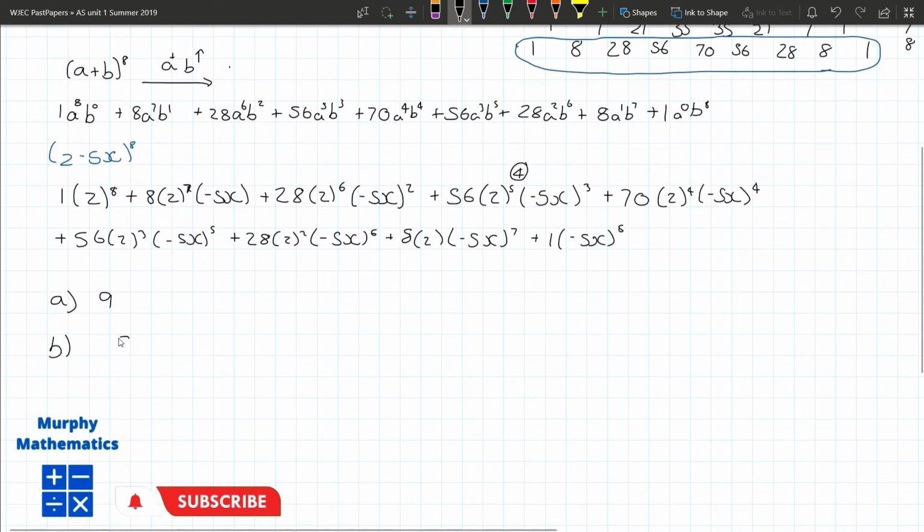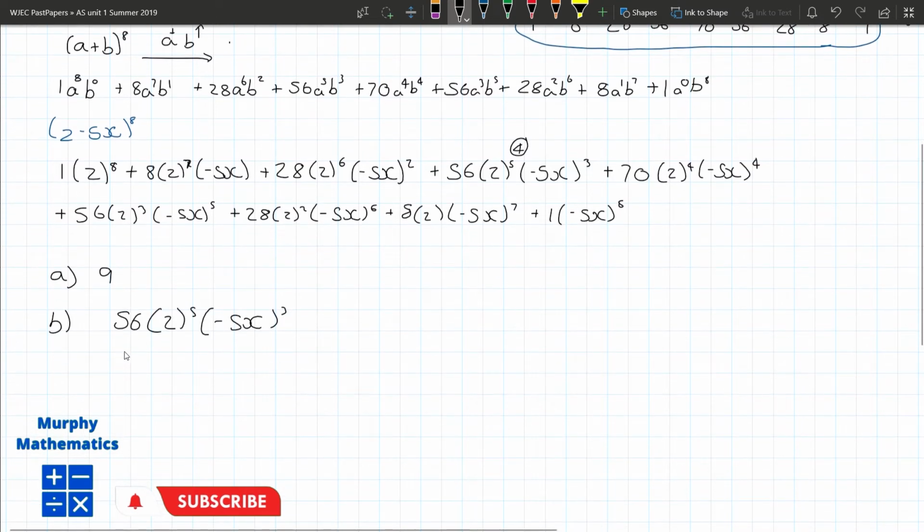And we have 56, lots of 2 to the power 5, lots of minus 5x cubed. Now we're just going to expand this out. I'll type this into a calculator. 56, 2 to the power 5 is 32. Minus 5 cubed will just be minus 125 x cubed.